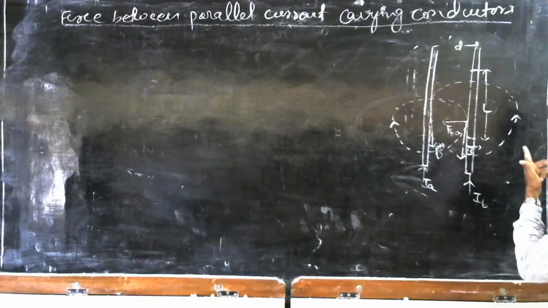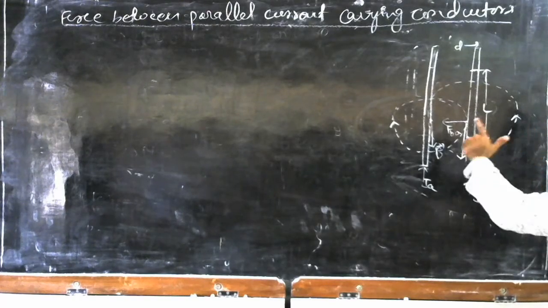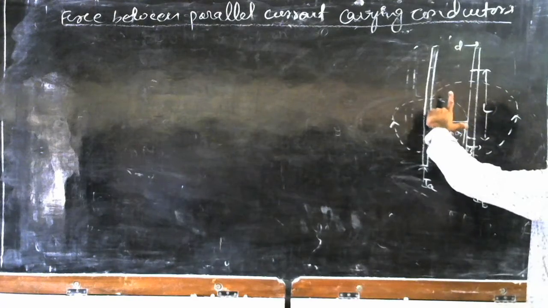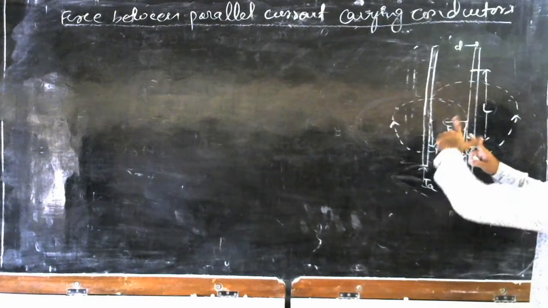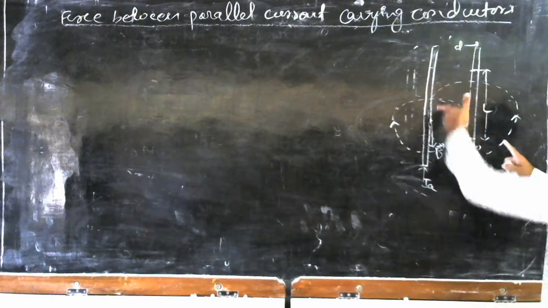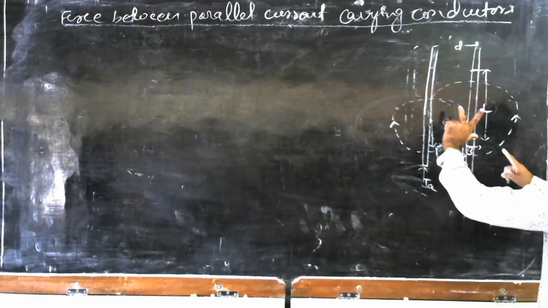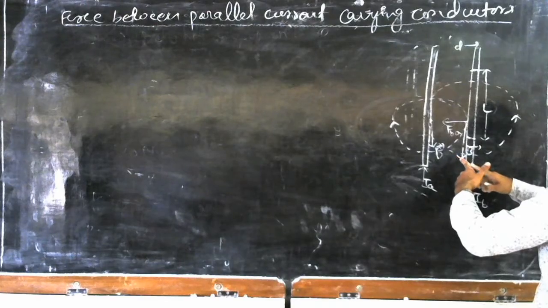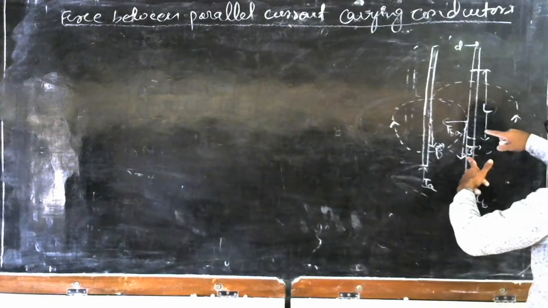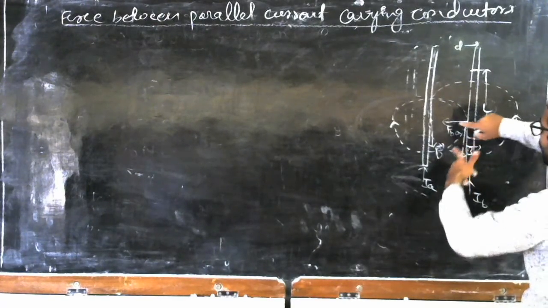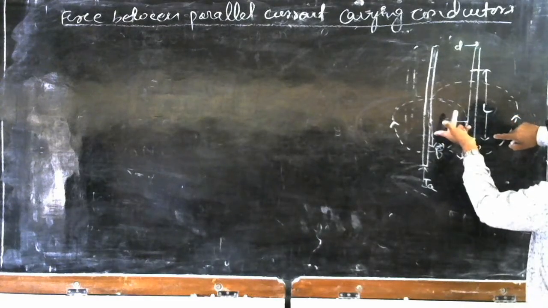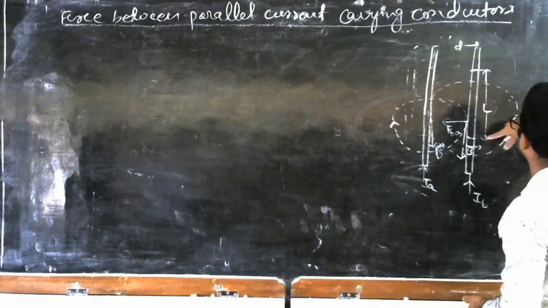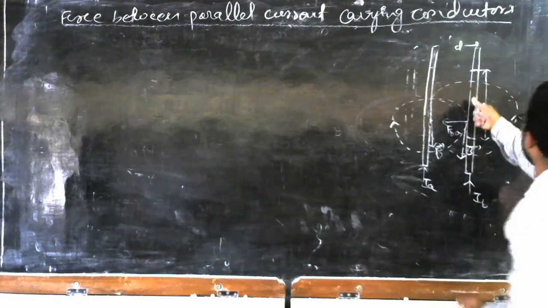So if you apply this rule, see here, this is the direction of the magnetic field. At this point, the direction of the magnetic field is like this.